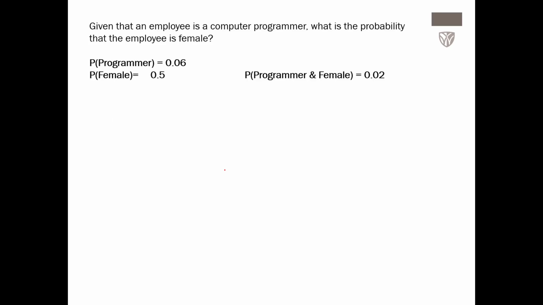So let's look at an example. Let's continue with our computer programming example. We might ask, are being a computer programmer and being a female independent events? We might want to know that information.